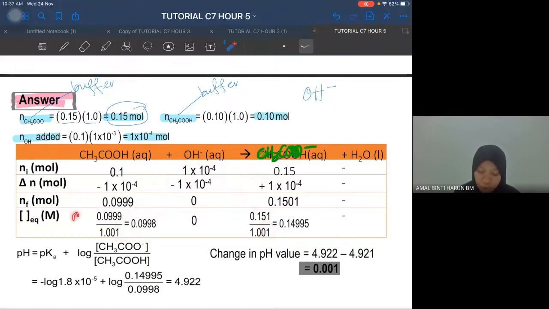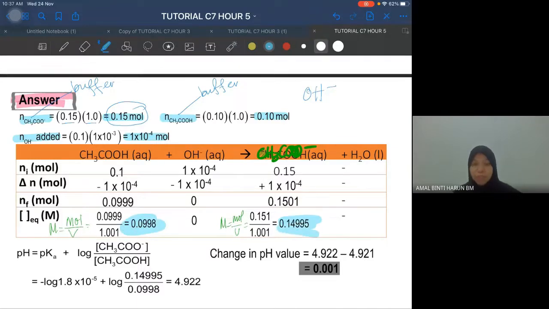Okay, so molarity is mole over volume. Ini pun sama, molarity equal to mole over volume. Okay, then kita pun dah dapat, that is the concentration of salt and weak acid after addition the strong base.